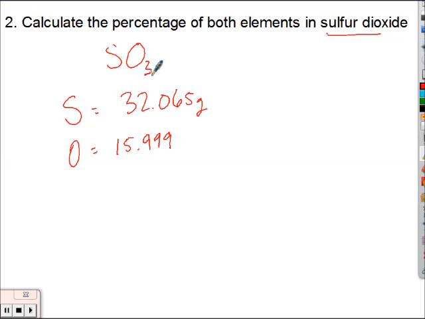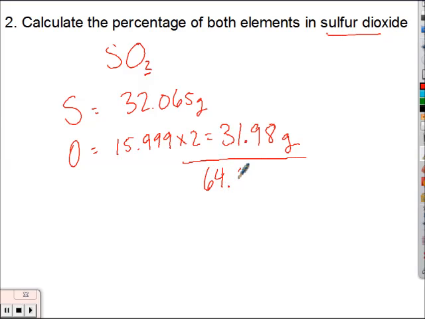And notice there's 2 oxygen, so times 2. So it equals 31.98 grams. When I add those together, I get 64.063 for my overall total mass.